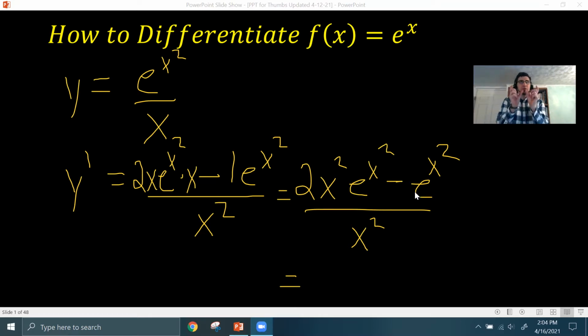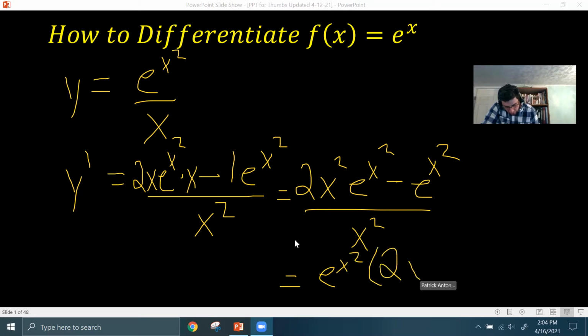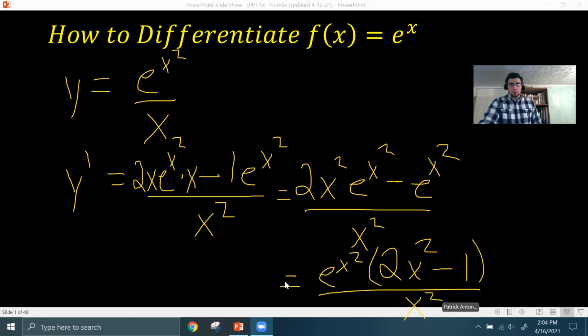If you had products of quantities in the numerator, then maybe you could cancel. So if we factor out an e to the x squared, you would have 2x squared minus just 1 all over x squared. I'm running out of room there. Okay, but that's it. That's all the further you can go. So you still can't cancel out this x squared here with the denominator, so don't do that, okay?